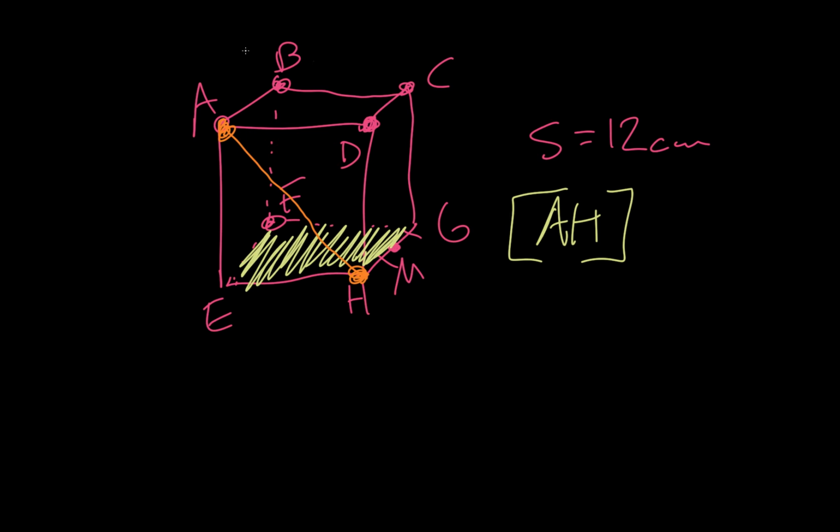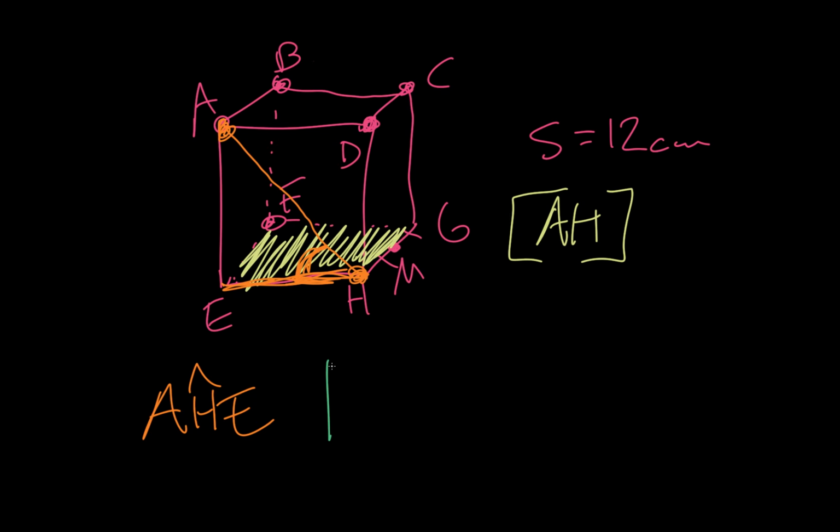We have the line segment there, and if we project it onto that base plane, we get EH right here. The angle that we're going to look at is AHE. This time they want us to find the actual value of that angle.